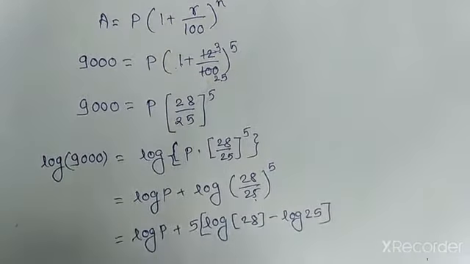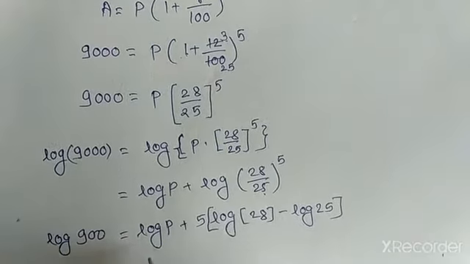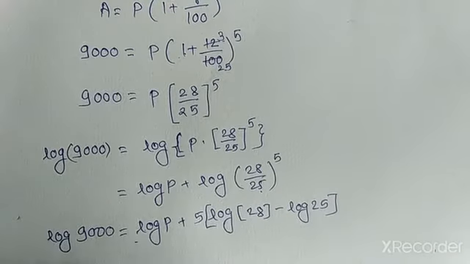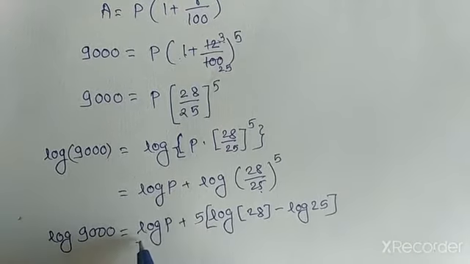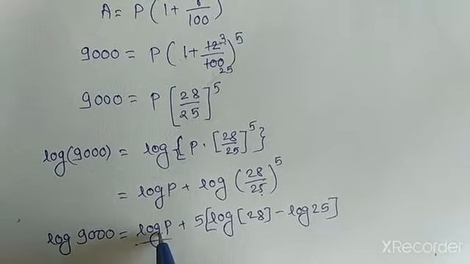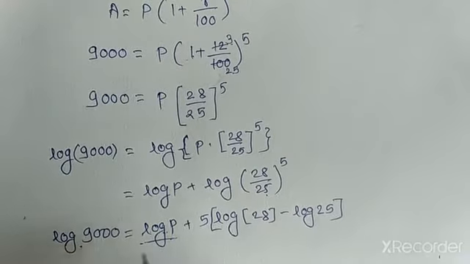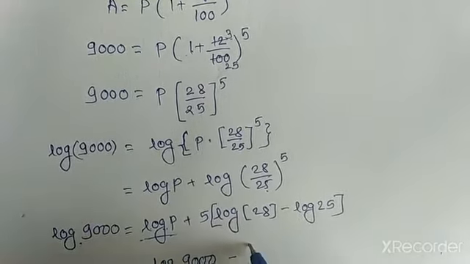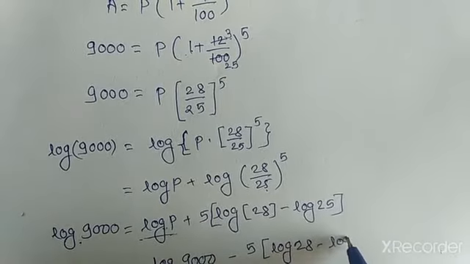So log P will be equal to, taking this value on the left and the remaining on this side, log of 9,000 minus 5 into bracket log of 28 minus log of 25.